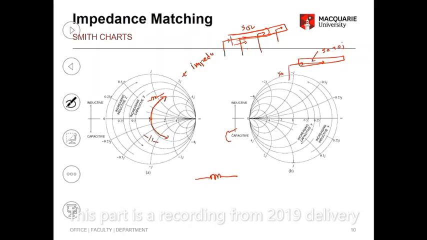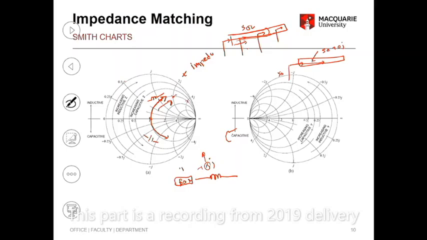So what does it mean? If you have a 50 ohm line, that's one, normalized, and this will be xj, and if x increases, that means you go that way. Because if you are at this point, it will be 1j. If you are at this point, it's 2j.